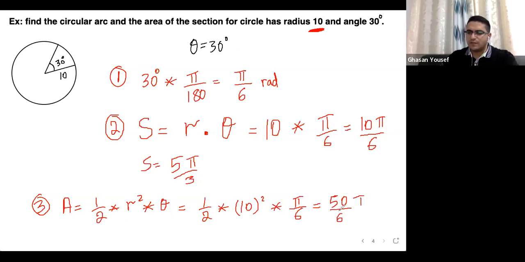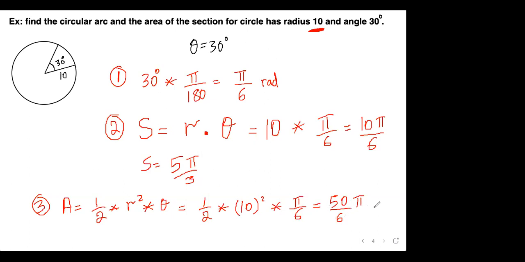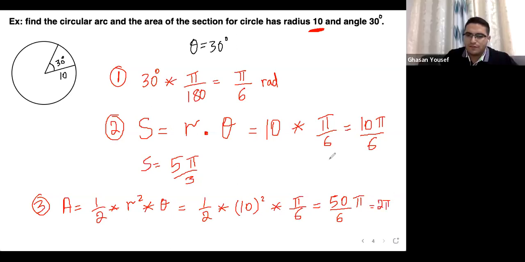We can simplify this again. What's the answer? 25 pi over 3. Yes, exactly. This is equal to 25 pi over 3.